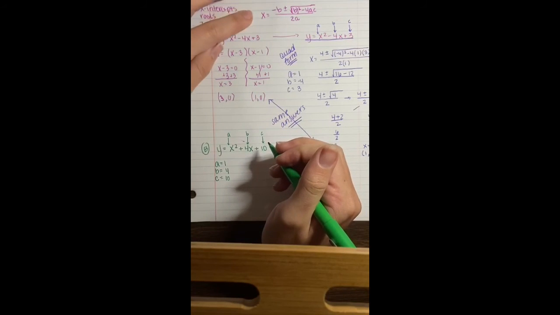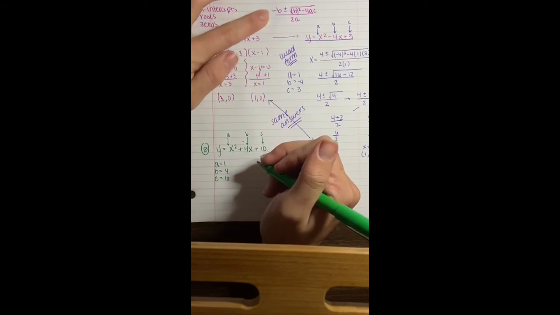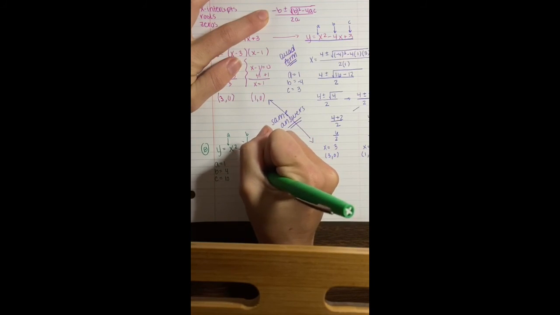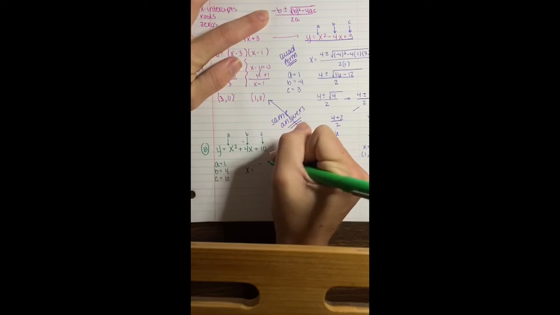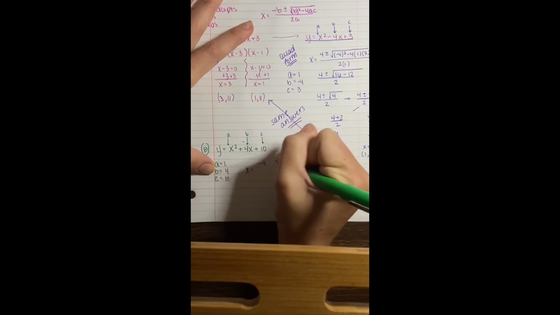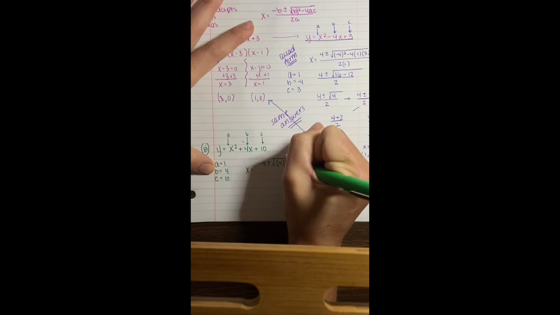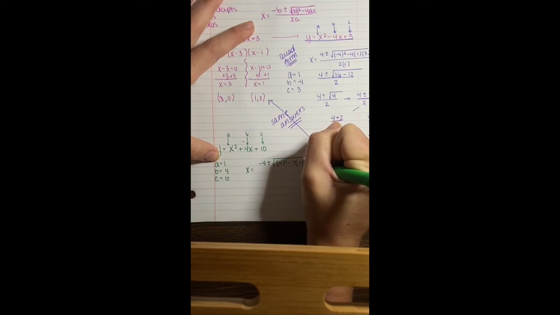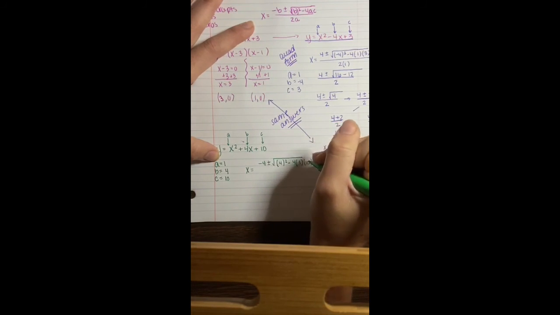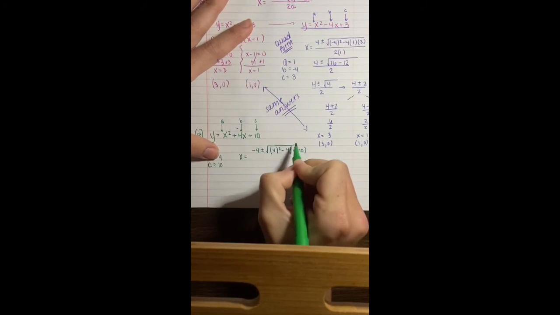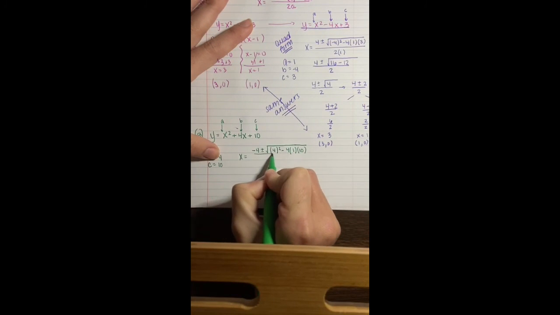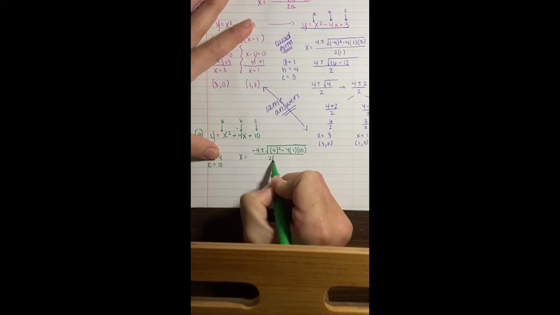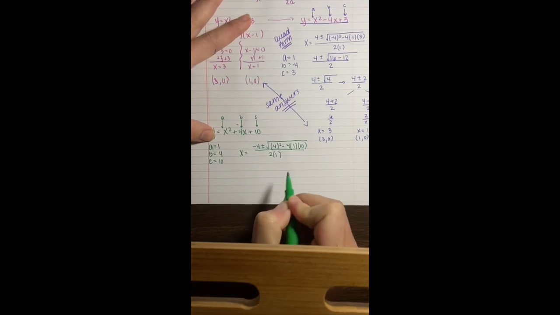So our quadratic formula from the top is the opposite of b. So we have x equals the opposite of b, so the opposite of 4, which is negative 4, plus or minus the square root of, in parentheses, 4 squared minus 4 times a, which is 1, times c, which is 10, all divided by 2a, which is 1.